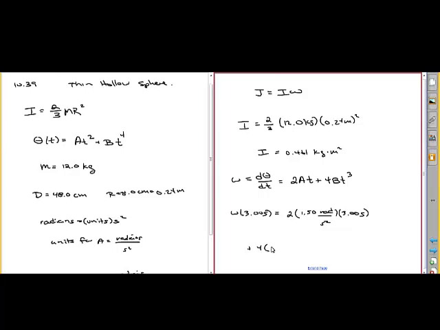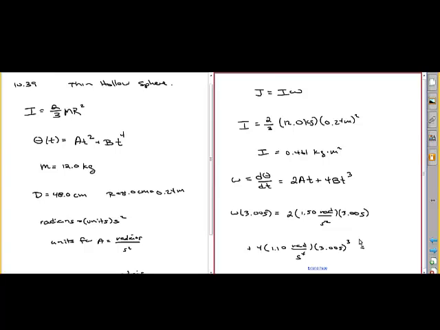Then we have 4 times B, which is 1.1 with units of radians per second to the 4th power, times 3.00 seconds to the 3rd power. Again, you see the units work out because we have radians per second to the 4th multiplied by seconds cubed, and you get radians per second.